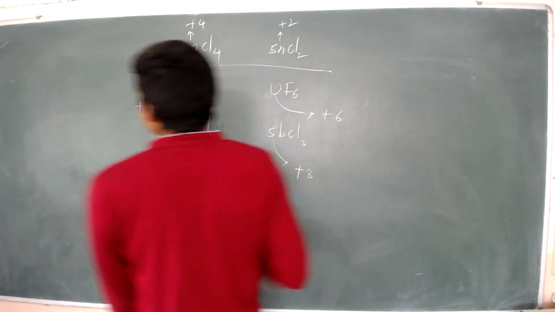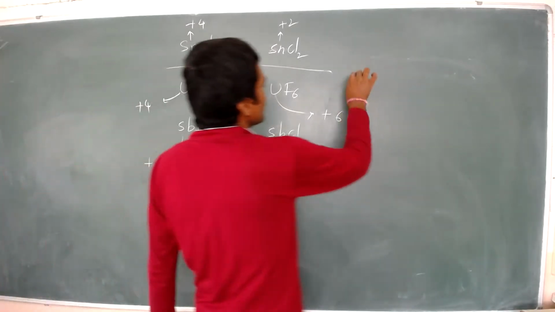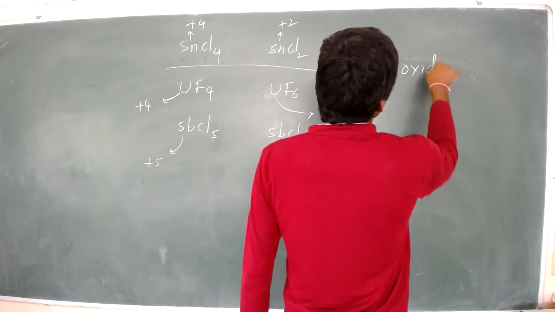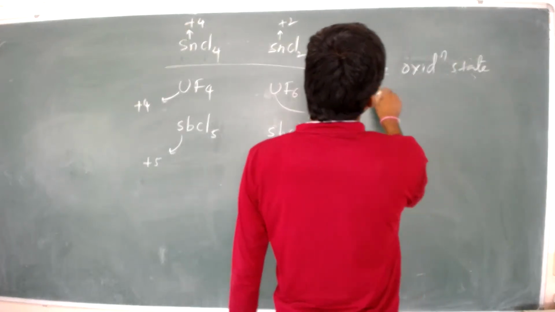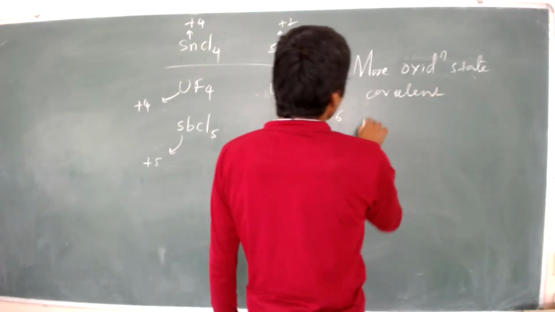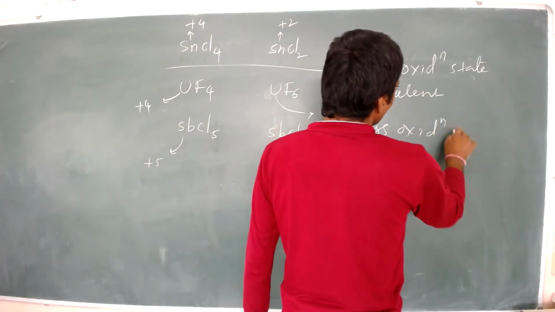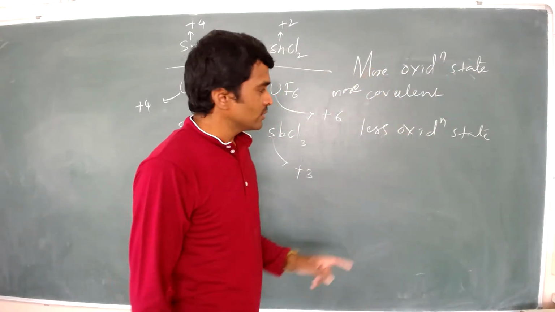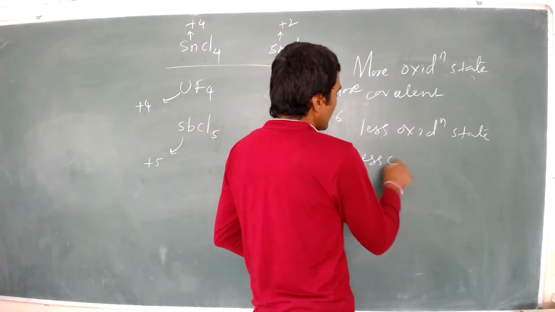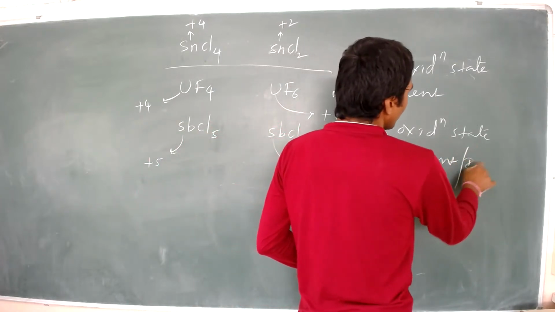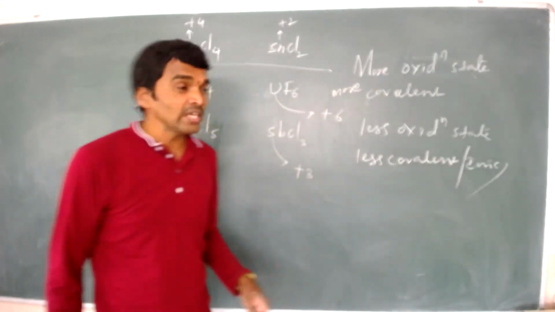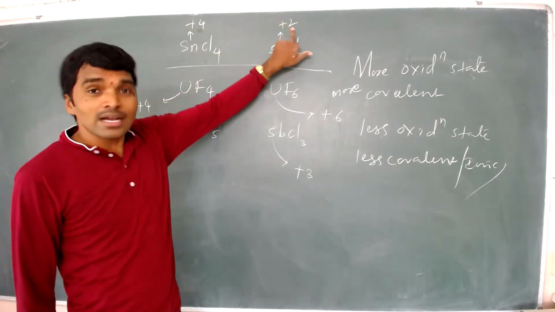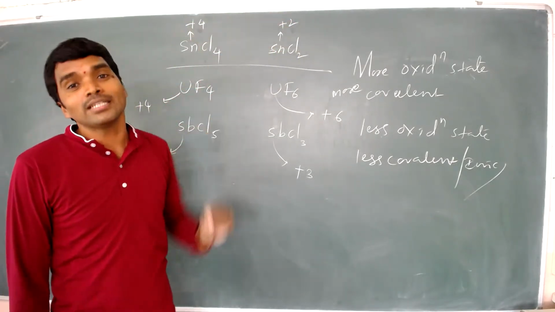The point is that more positive charge, more oxidation state, means more covalent. Less oxidation state means less covalent, or ionic.